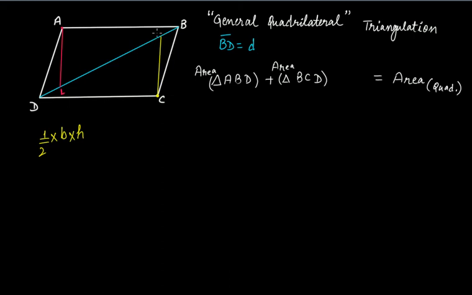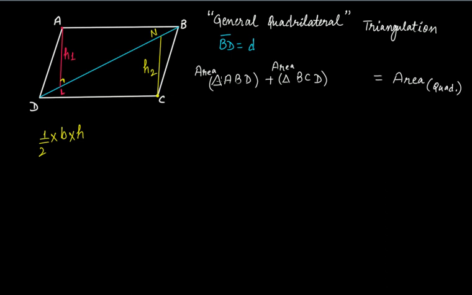Let's call the intersection point N. So CN is the height for triangle BCD, and AL is the height for triangle ABD. These are the two heights. Let's say the measurement of this height is h1, and the measurement for this height is h2.